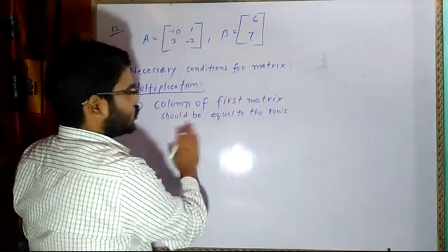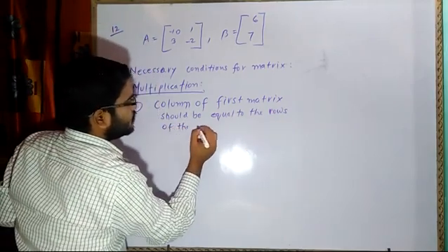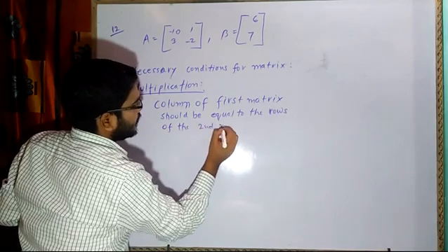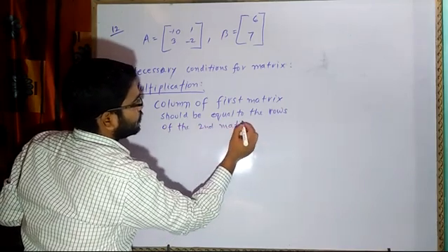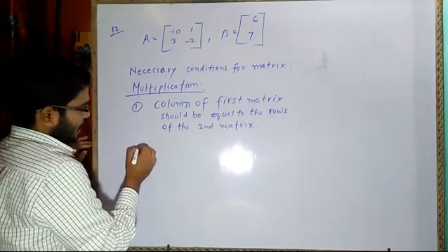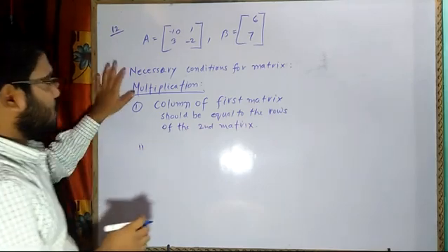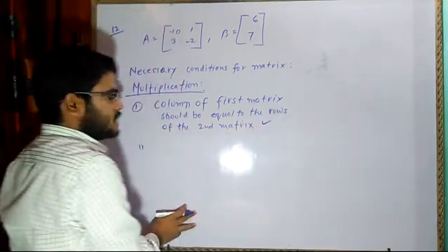Column of the first matrix should be equal to the rows of the second matrix. Now, the first thing to remember is that this is the necessary condition, and only one condition is there.